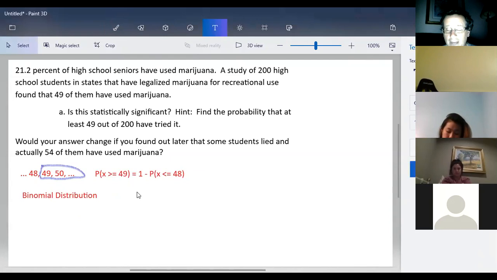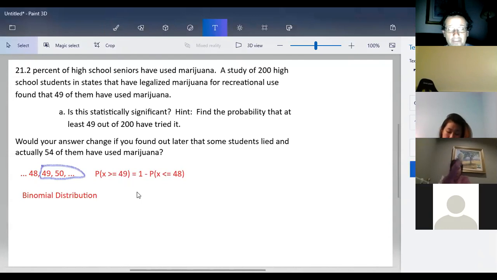Binomial distributions come from the yes/no survey question. And when there are many people asked, it needs to be independent. So if you hear one person's answer, the next person isn't going to change their answer because they heard. That's the main thing. But basically for the yes/no question, binomial distributions are going to be how you figure that out.